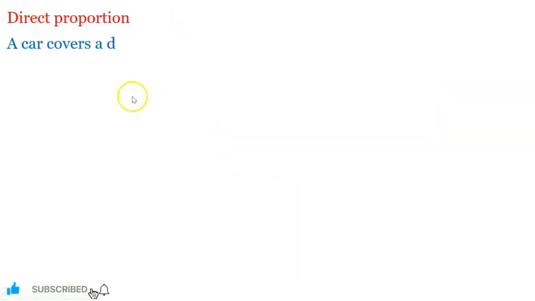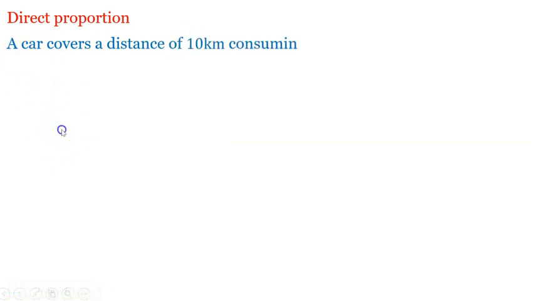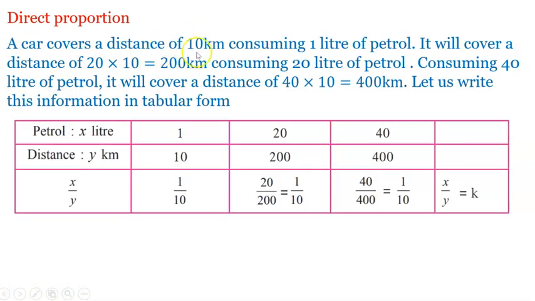Okay. Now next, direct proportion. A car covers a distance of 10 km consuming 1 liter of petrol. It covers a distance of 20 into 10, that is equal to 200 km, consuming 20 liters of petrol.